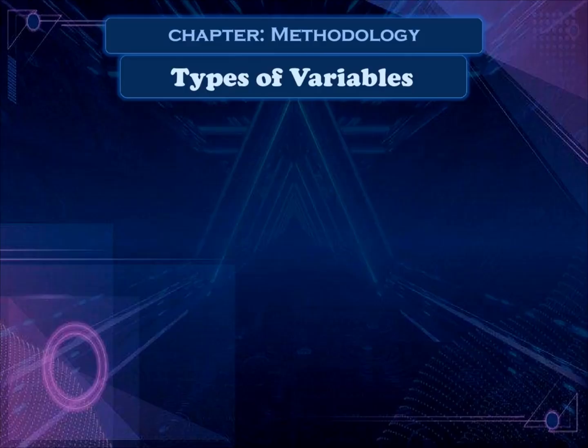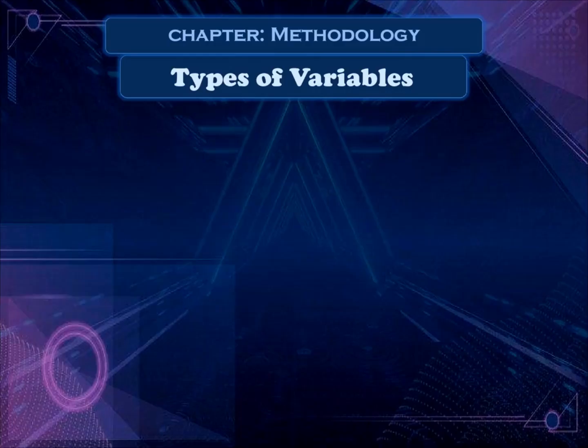So understanding these types can help you have appropriate ways to study them, and that will have a big impact on the reliability and the validity of the study. Now, moving further, there are many types of variables.